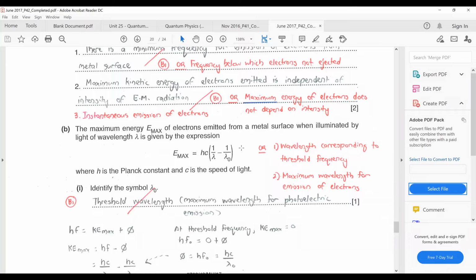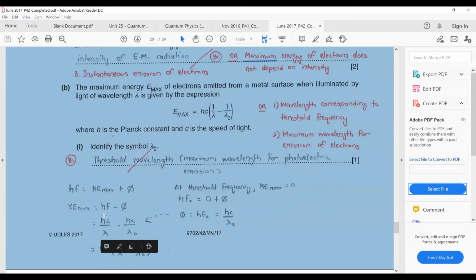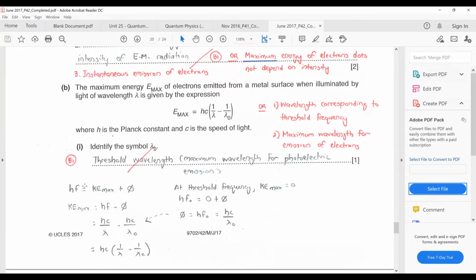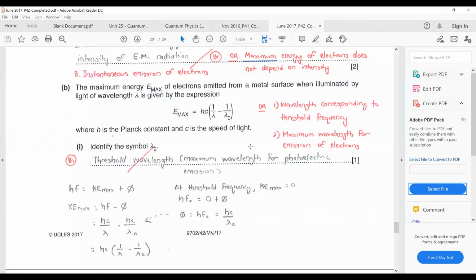So where did that equation come from? It actually came from this same thing here. I can just derive it separately like this. I told you hc over lambda is phi plus KE max.